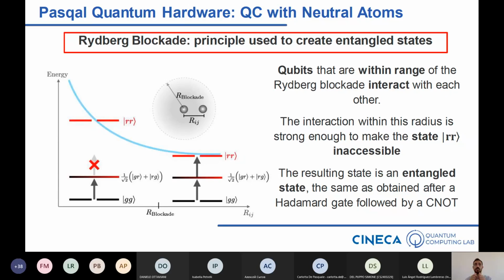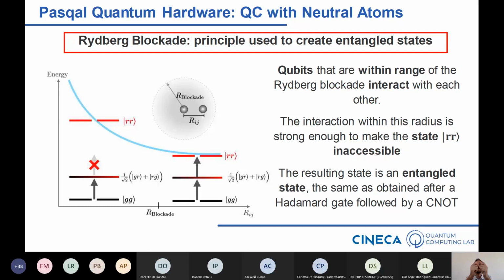Why? Because they are very close, and the excited atoms are very far from the nucleus, which is the property of these Rydberg atoms.